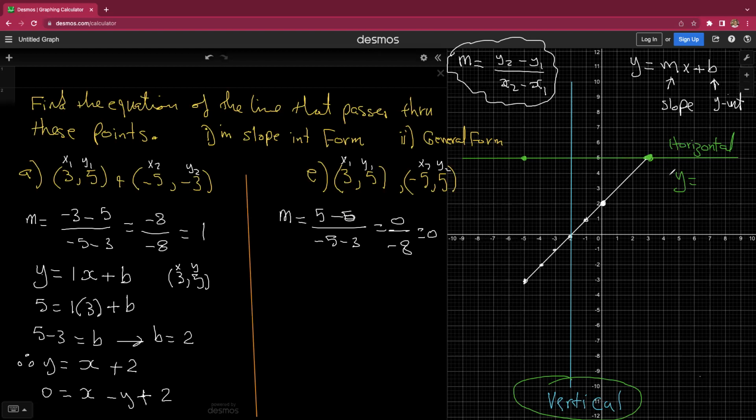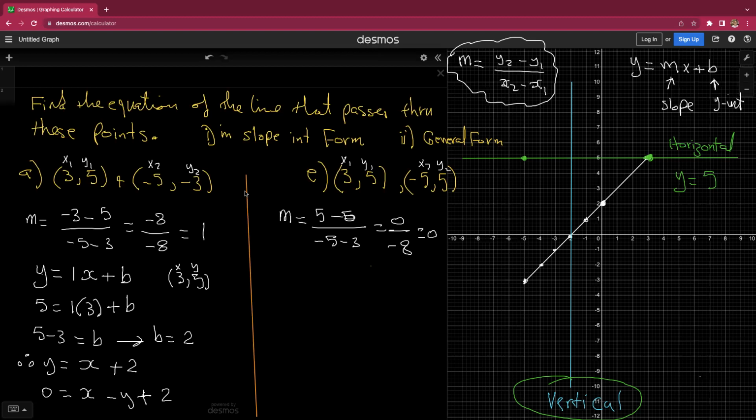That's okay. So the horizontal line here is y equals 5, which is the answer for this. When you find the slope is 0, you don't have to do any work after that.